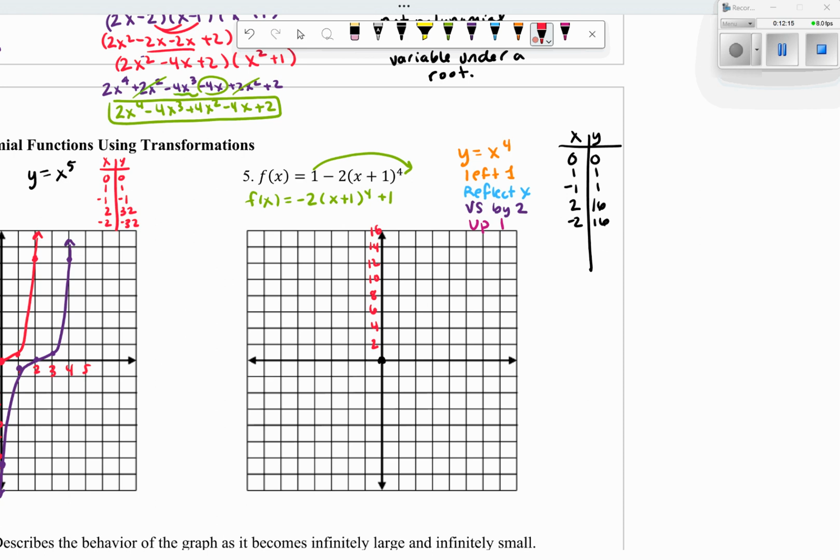My x-axis, I'm just going to again count by 1's. So on my graph, we have 0, 0, 1, 1, negative 1, 1, and 2, 16, and negative 2, 16. Then we're going to move our graph left 1.